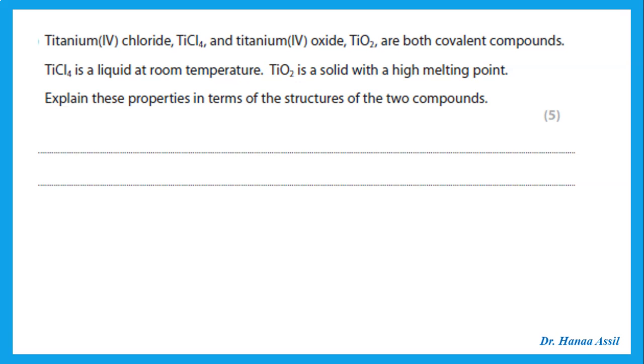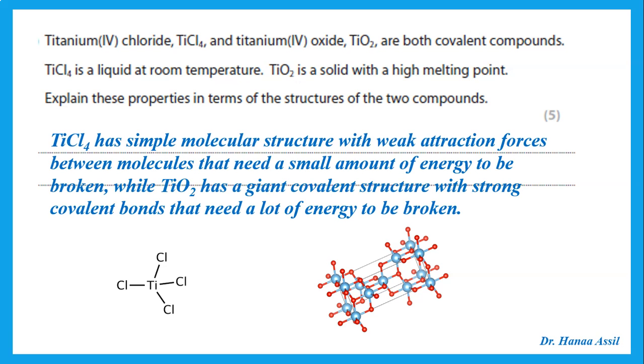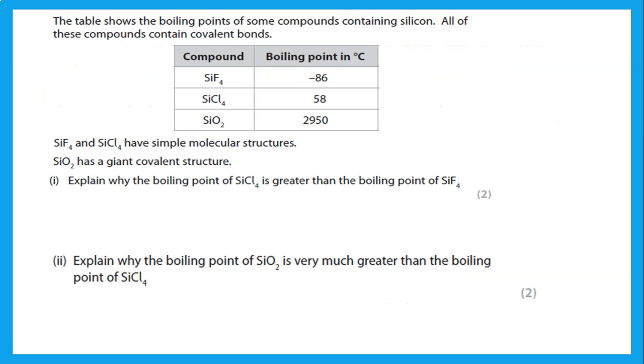So if I tell you that titanium chloride has low melting point, we said anything with low melting point has simple molecular structure with weak attraction forces between the molecules that need a small amount of energy to be broken. While if he tells me that titanium oxide has high melting point, then that means it has a giant covalent structure with strong covalent bonds that need a lot of energy to be broken. So please be able to apply what we said to any other examples.